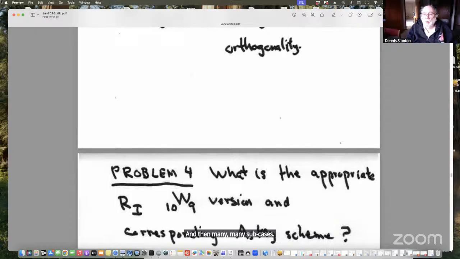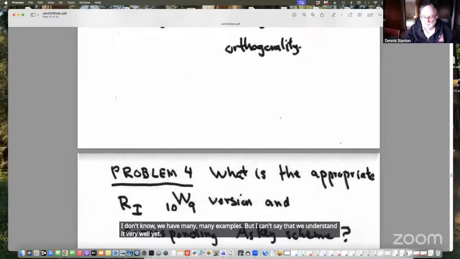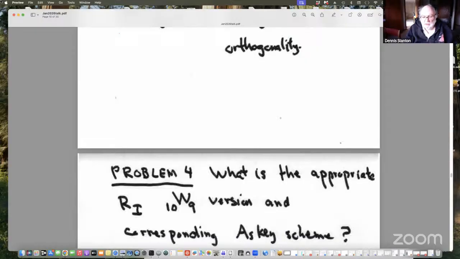Is there an R1 version of the Askey scheme with some kind of 10W9 on top? And is there an R2 version also? I don't know. We have many, many examples, but I can't say that we understand it very well yet. So this seems to be completely open, and I think it's probably doable once you understand enough.